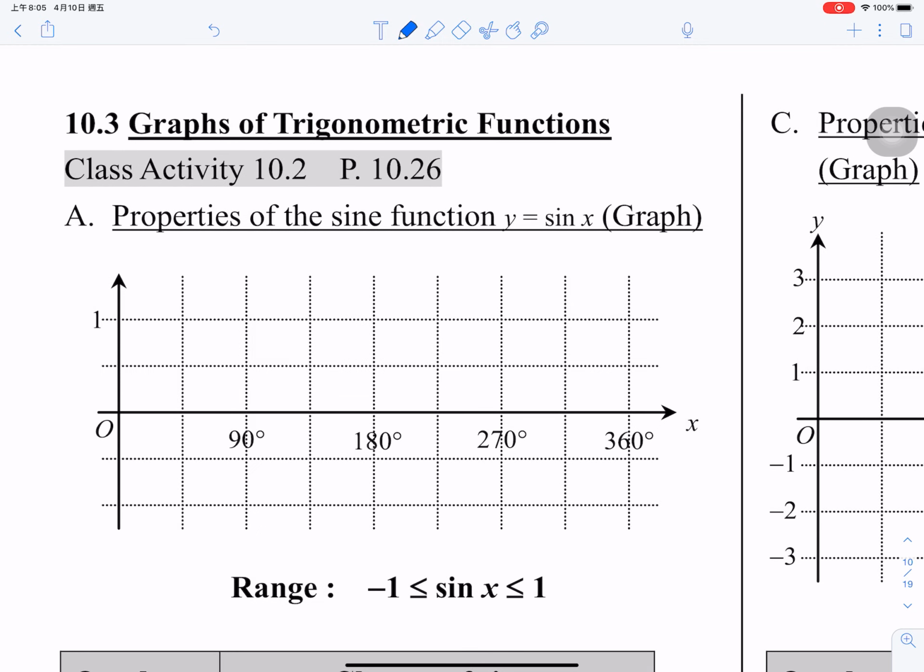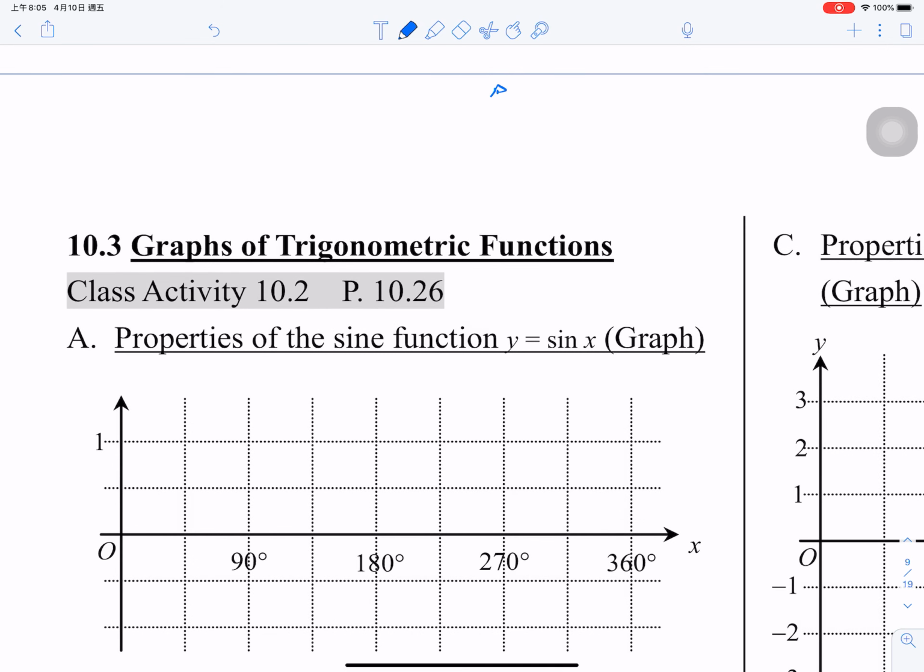Before we start, do you remember the definition of trigonometric function? If now we have a point P, the coordinates are x and y, with the length of OP r, then sine theta equals y over r.